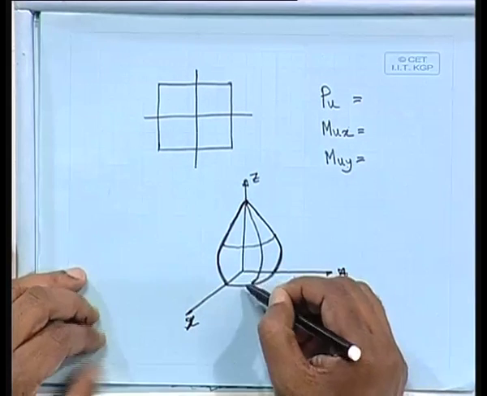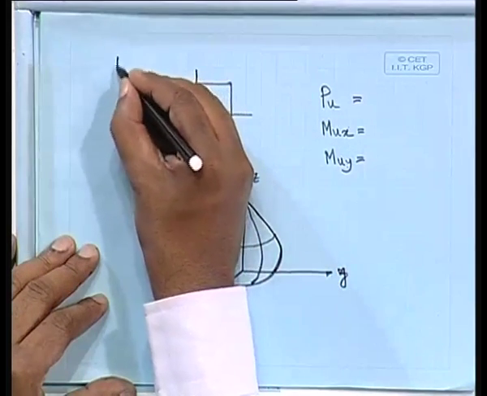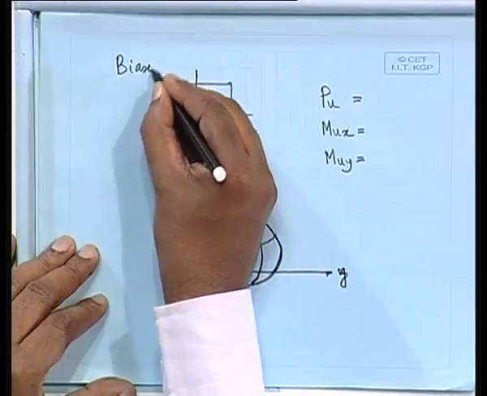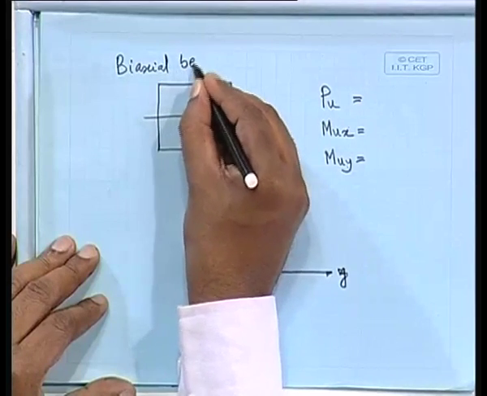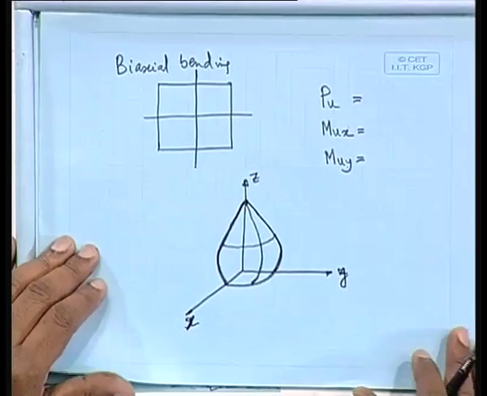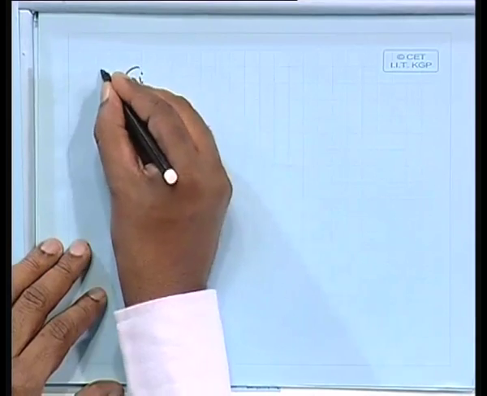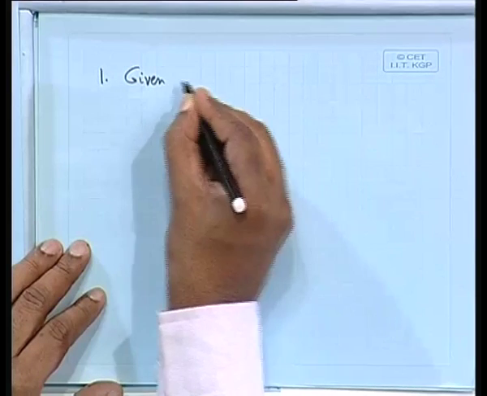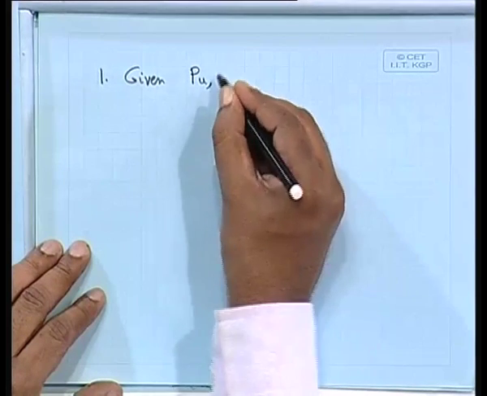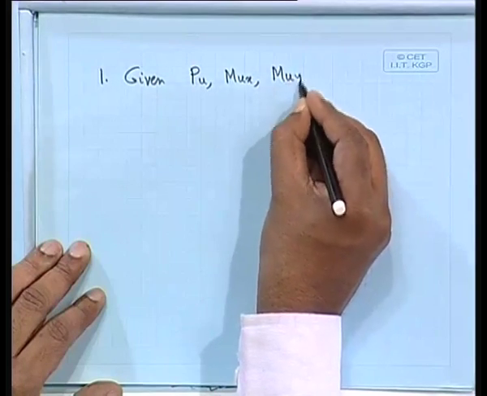For that, what we do, so this is obviously biaxial bending. How shall we design it? We design it in a fashion, let us make it this way: given Pu, Mux, Muy.